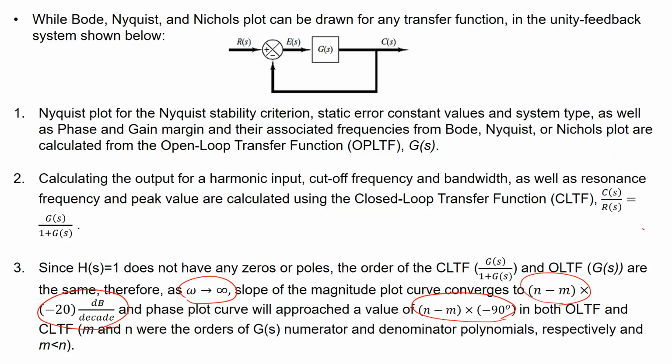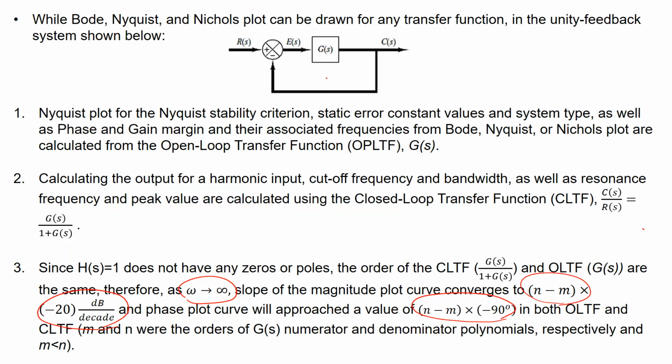And the answer is, if the system is unity feedback, if H is 1, then the order of closed loop and open loop are the same.